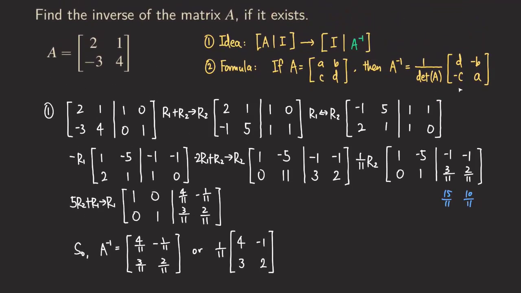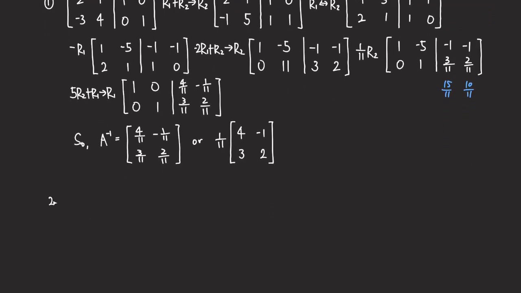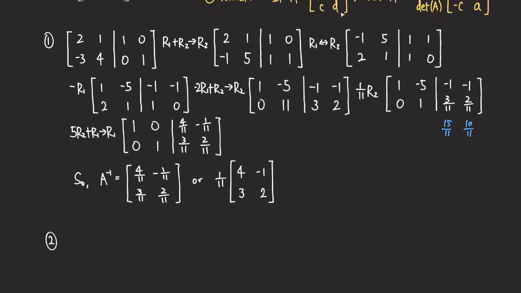And now using the formula. This formula actually comes from performing the row operations on this ABCD, but now we can just plug into the formula. This will be a lot quicker than doing row operations because the work has been done already. So that's the second way.